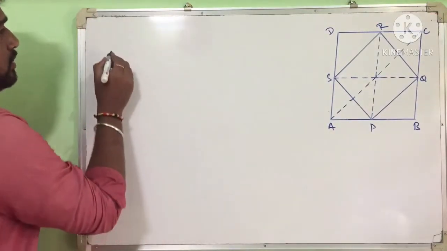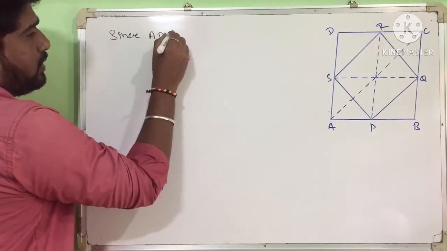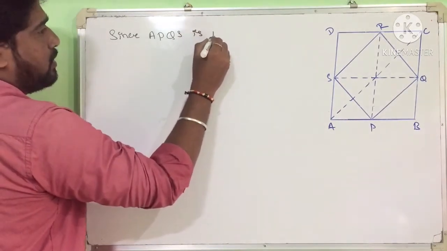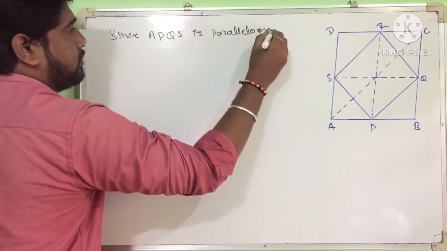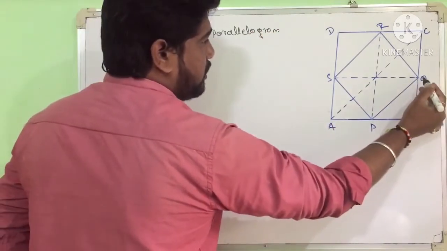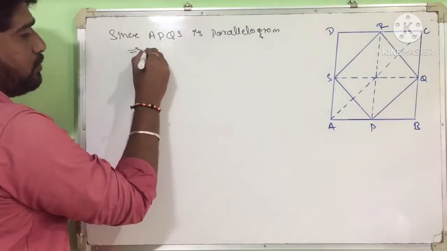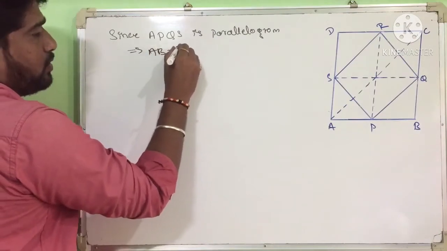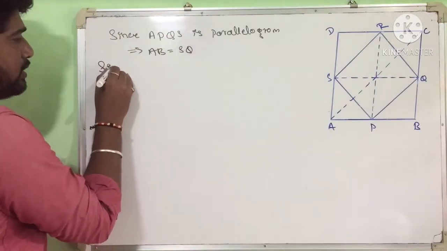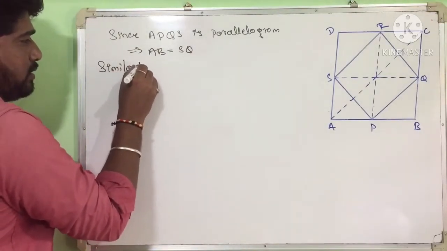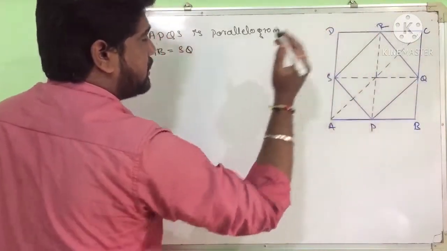Well students, since ABQS is a parallelogram. Which one? ABQS is a parallelogram. So in a parallelogram, opposite sides are equal. So this implies AB is equal to SQ. AB is equal to SQ. Similarly, here PBCR is a parallelogram.